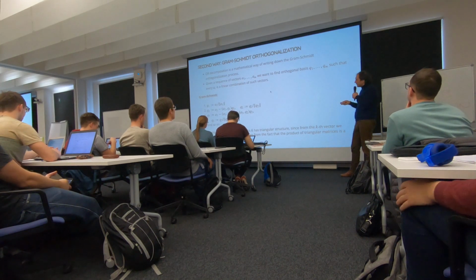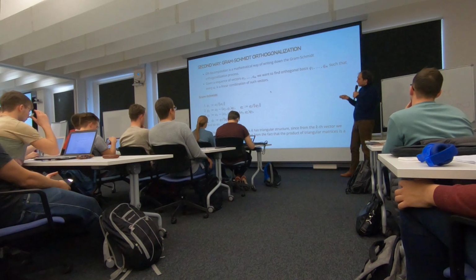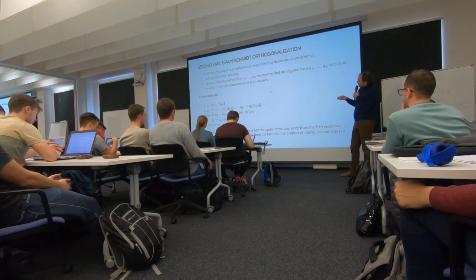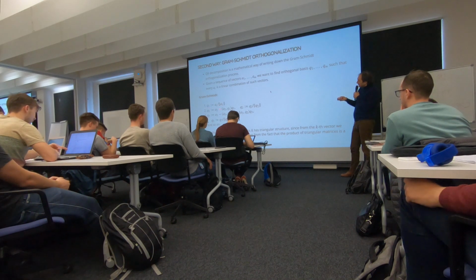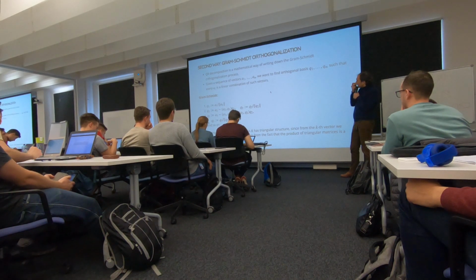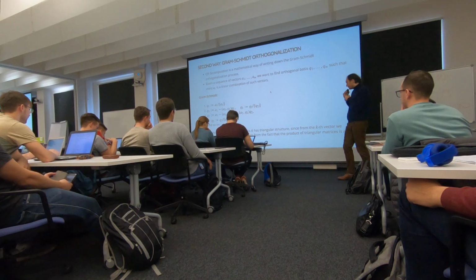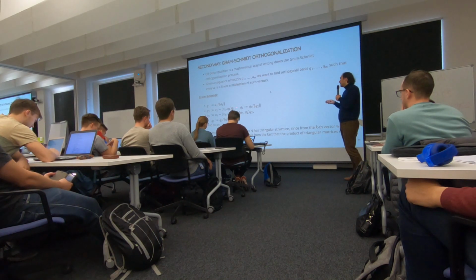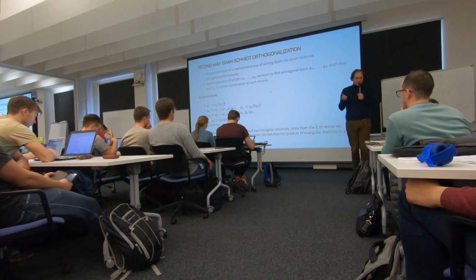Also, this process has a triangular form, because Q1 depends only on A1, Q2 depends only on A2 and Q1, which depends only on A1, and so on. This vector should not be zero. That's sort of a problem of the Gram-Schmidt algorithm.